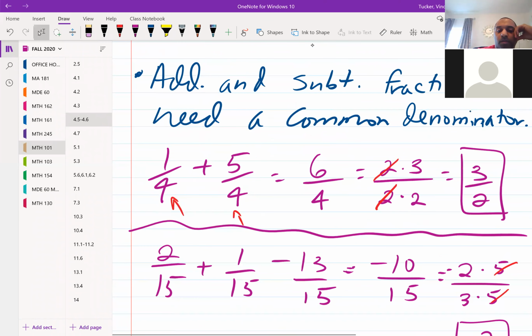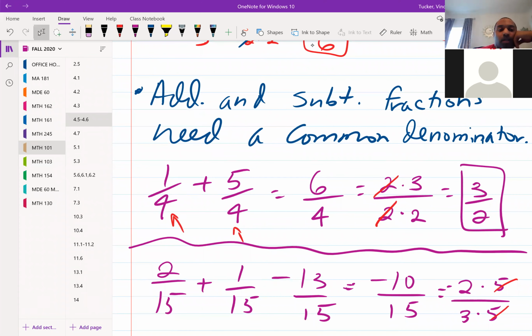All right. So the same thing happens here. We have 2/15 plus 1/15 minus 13/15. You have 15 in each denominator. So we can go ahead and add and subtract them accordingly. 2 plus 1 is 3.